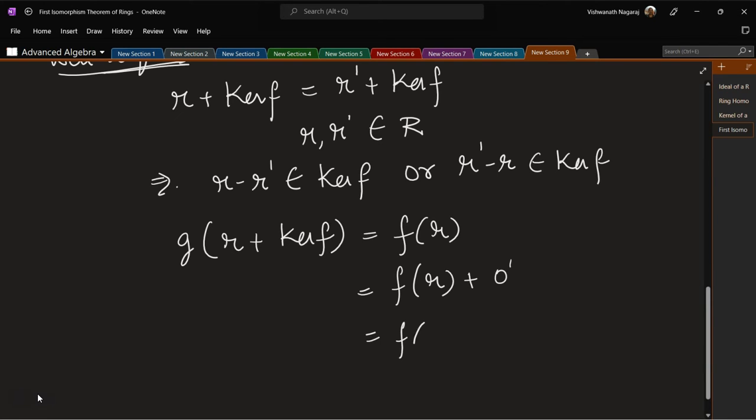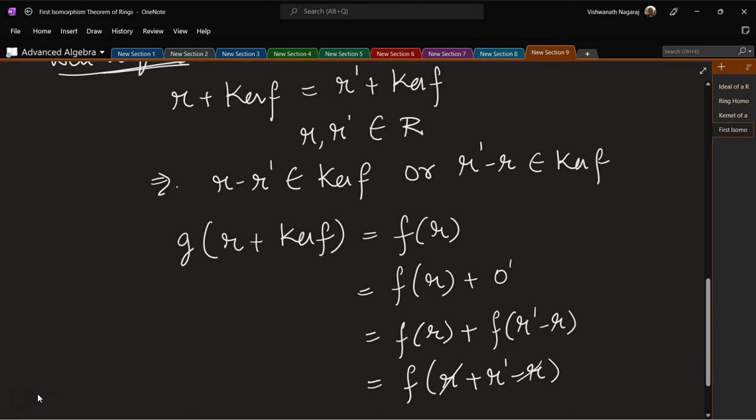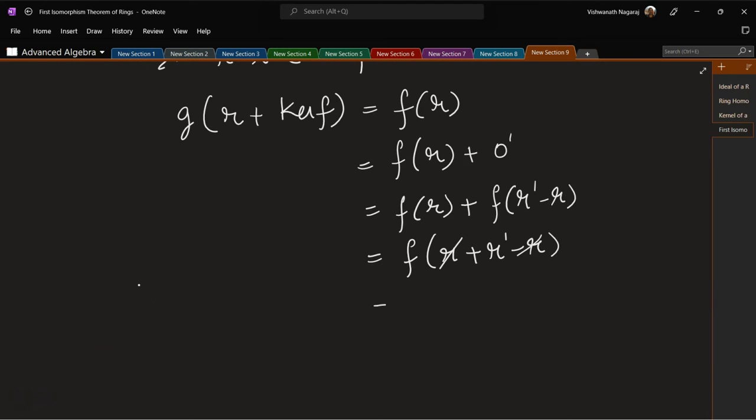Now 0 prime can be written as f of R prime minus R, and this can be combined as f of R plus R prime minus R. So R and minus R get cancelled, and we end up with f of R prime.